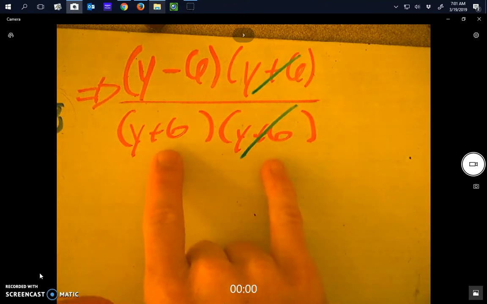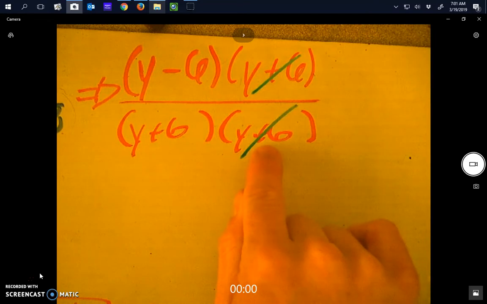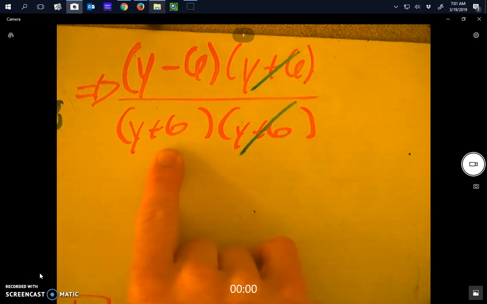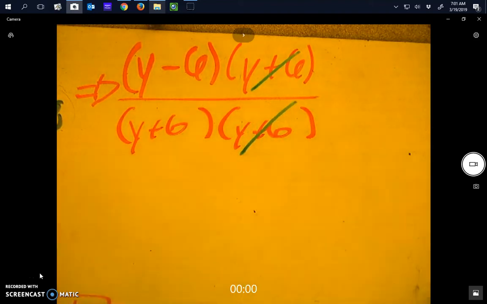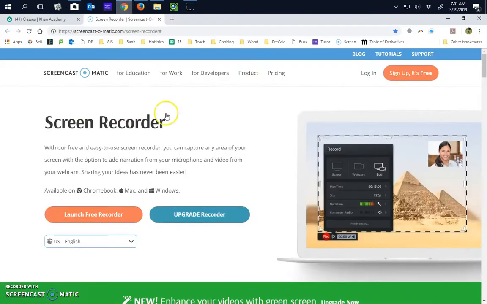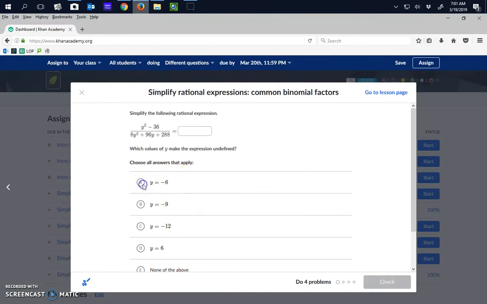Now, remember, yesterday when we canceled out things, you have to make sure that you still consider them for exclusion. So negative 6 is excluded, negative 6 is excluded. So it's the same term. So we're not actually excluding anything else. So negative 6 is the only value that makes y undefined.